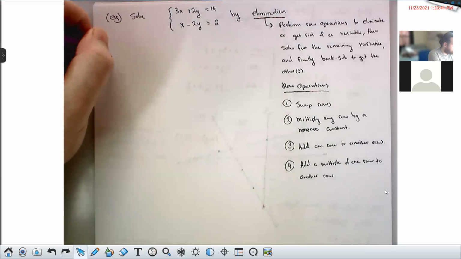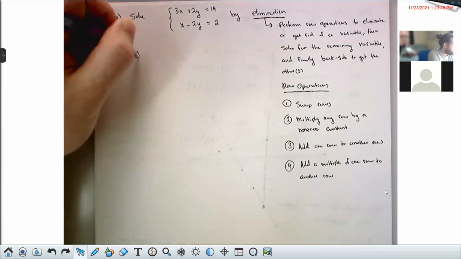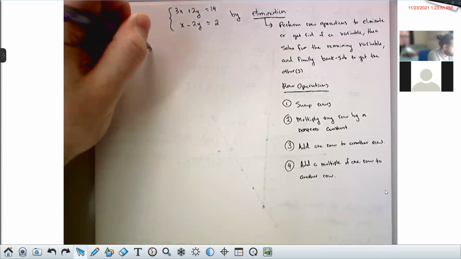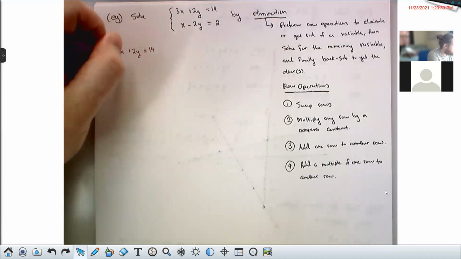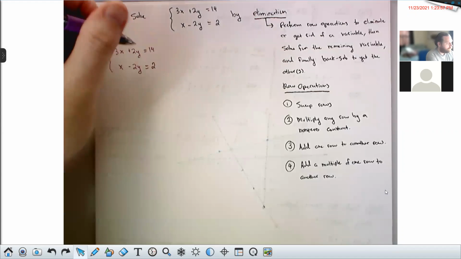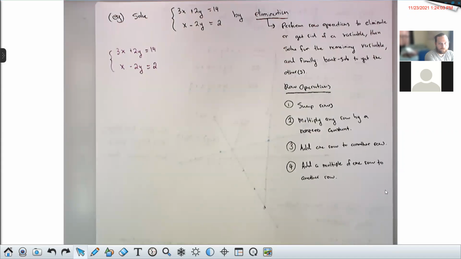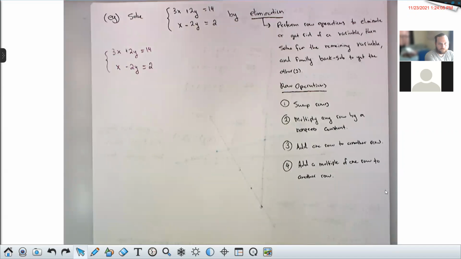So, does anybody see a row operation that I could do that will help me get rid of one of these variables? Multiply by -3.